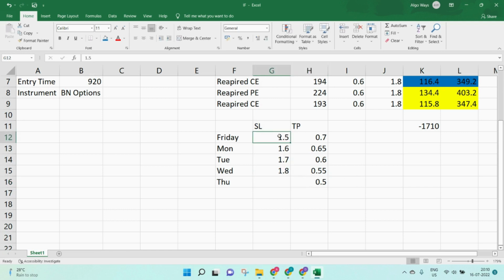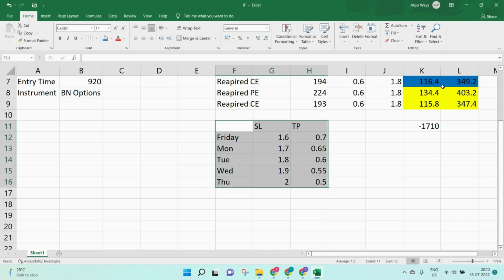Then the stop losses go 1.6, 1.7, 1.8, 1.9, and 2. So we do the adjustment based on these.